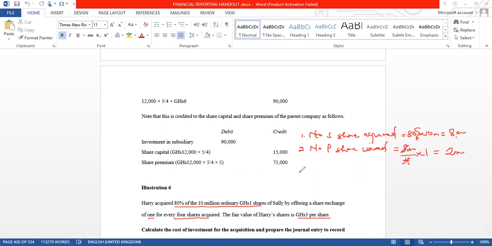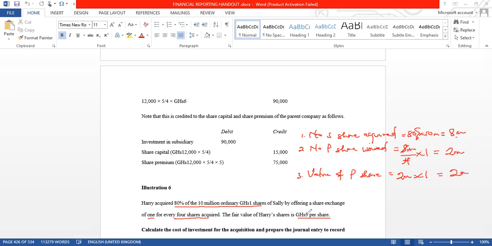What is the value of this 2 million? We know that the share is 1 Ghana cedi. So here we can now segregate the 2 million multiplied by 1 cedi, which will give us 2 million.